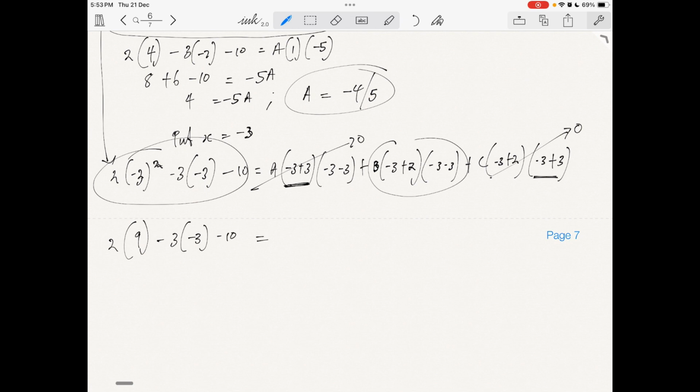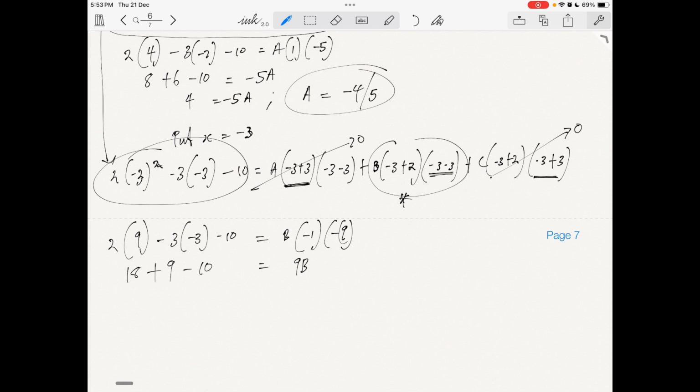And on the other side, b into minus 3 plus 2, that's minus 1, and minus 3 minus 3, sorry, minus 3 minus 3 is minus 6.